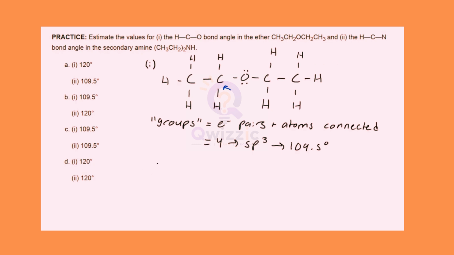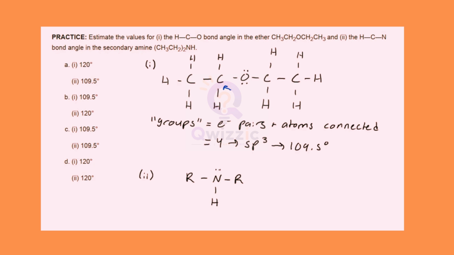Now part 2 is a secondary amine, which has a general Lewis structure of 1 nitrogen atom connecting to 2 R groups, and 1 hydrogen atom with 1 lone pair of electrons on nitrogen.